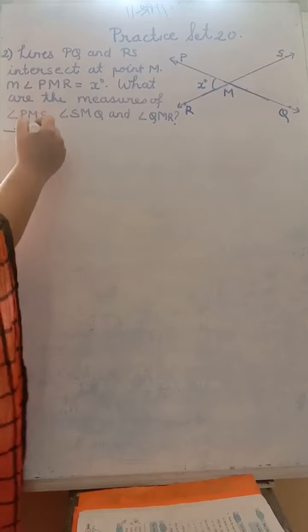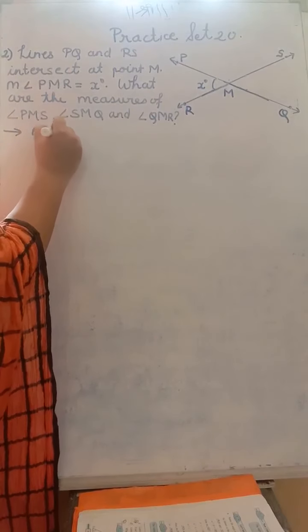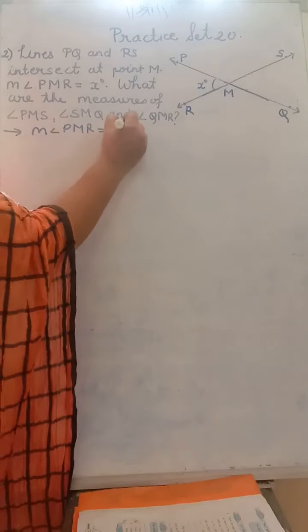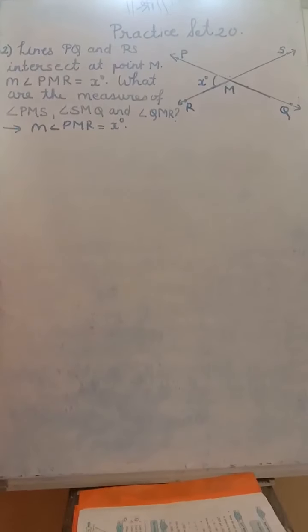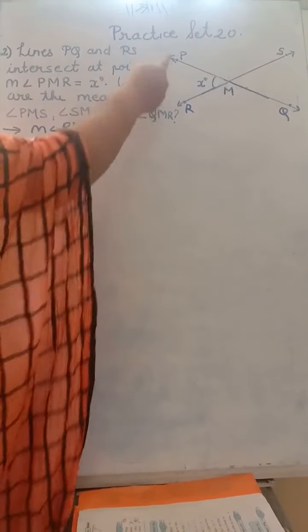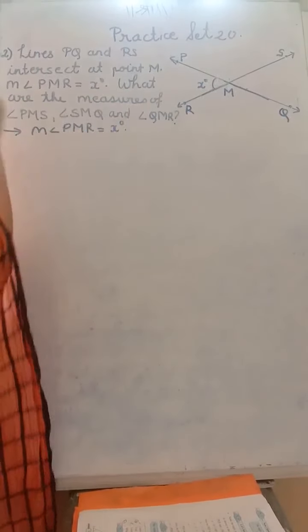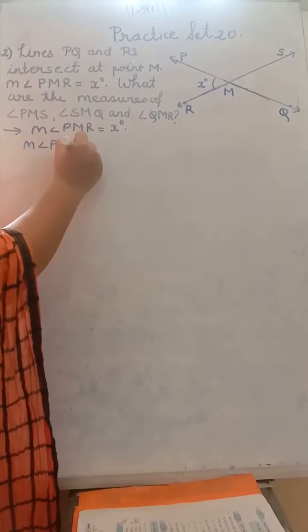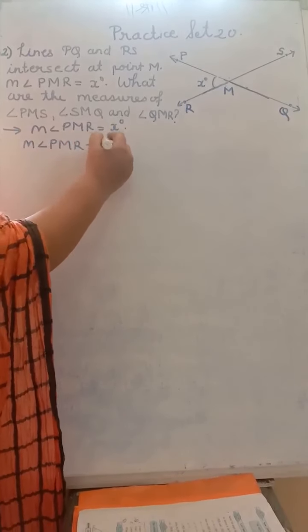So here first we all know that is measure of angle PMR. What is that? X degree. Yeah. Now we know the property of vertically opposite angle. So which is the angle opposite to angle PMR? Yes. Measure angle PMR is equal to which angle?